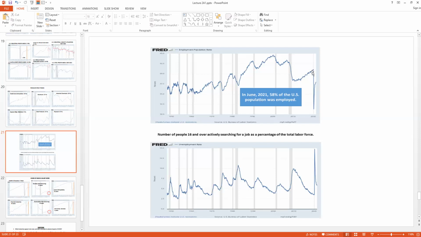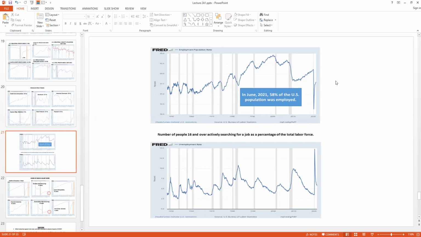And then we can see what happened during the pandemic. It really dropped. In June of 2021, which would be right at the end of this line, 58% of the US population was employed. That's not a very large number, is it? But in the second quarter of 2020, that proportion had dropped to 51%.